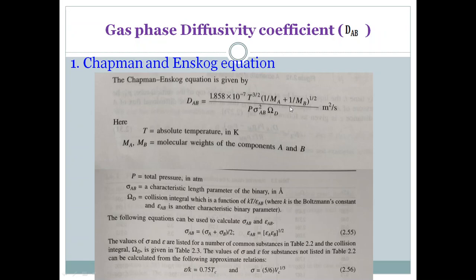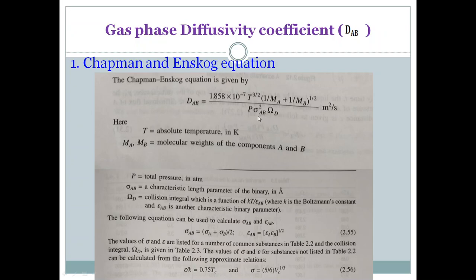It is a common factor. Bulky molecules cannot move fast, so diffusivity will decrease. If you increase the pressure, it will decrease. So these are some quantitative things, but what is this 1.858? This is totally based on experimental measurement.